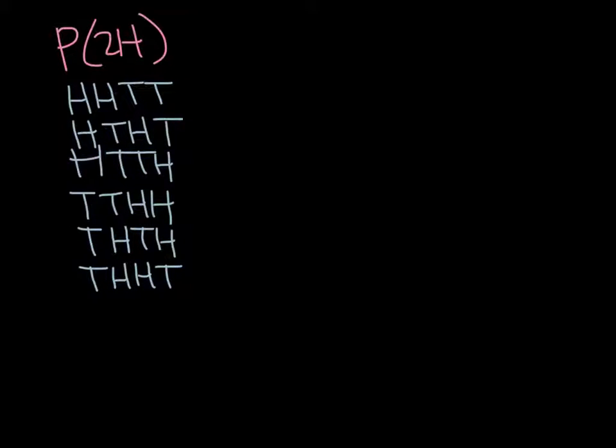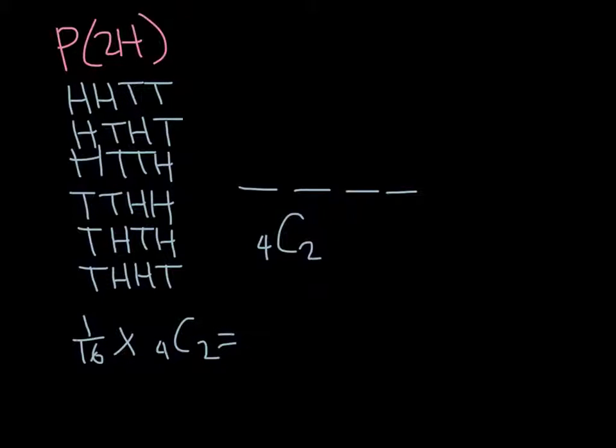And this is effectively the same thing as having 4 spots and choosing 2 of them in which to put in heads, or combination 4, 2. Again, the probability of each of these was 1 out of 16. So I'll multiply that by the number of combinations I had, and I end up with 6 out of 16, or 3 out of 8.